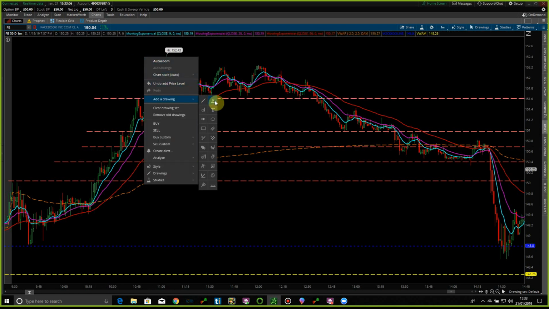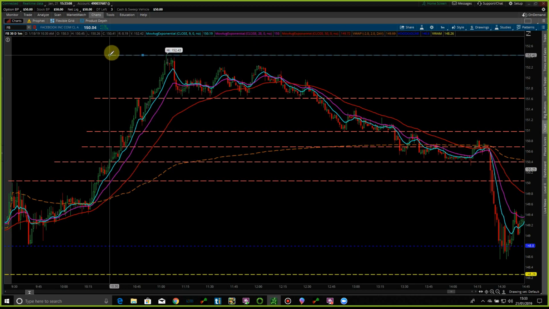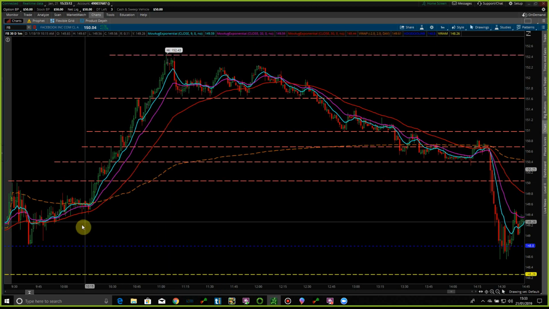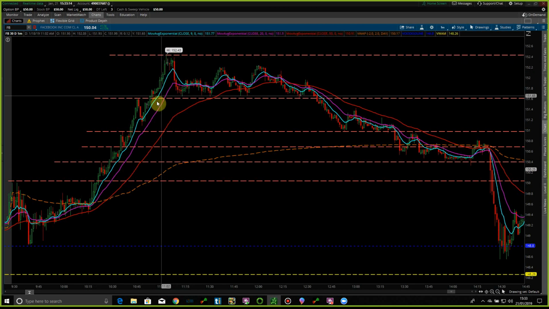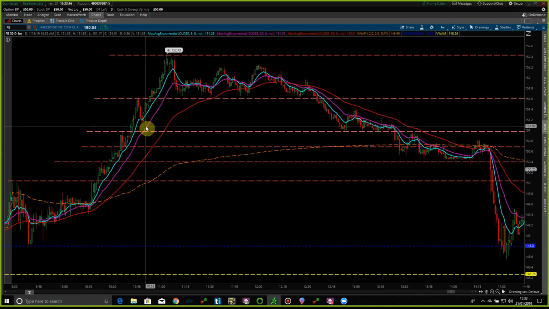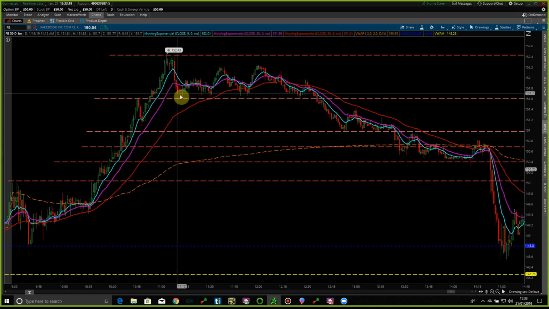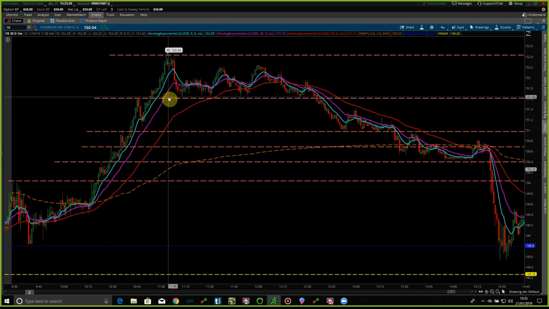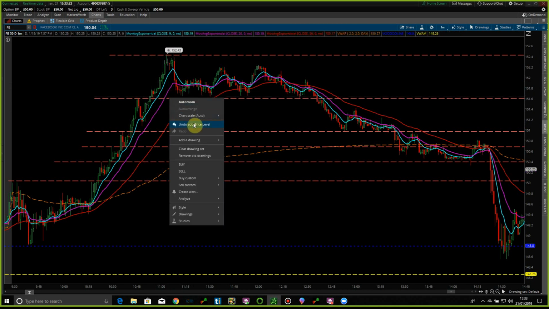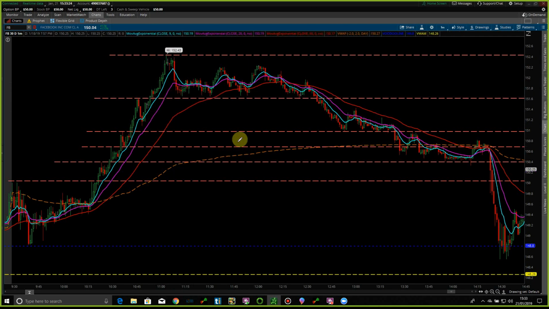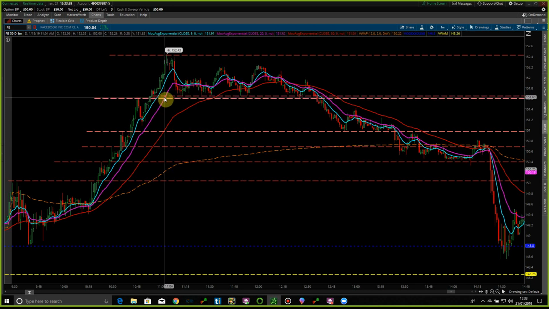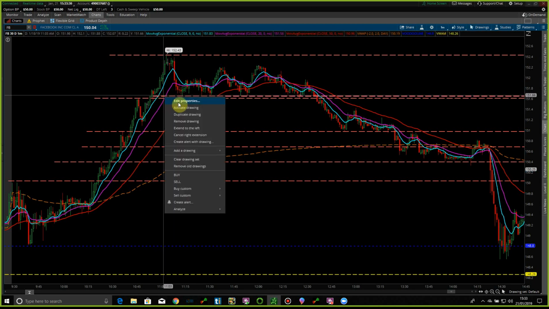And obviously we mark up our high of the day. And we also mark up our first major pullback. Look, mark up pullbacks. This is a pullback that holds. So this line, little one here, it's neither here nor there, but I'll just show you the importance of pullback lines.